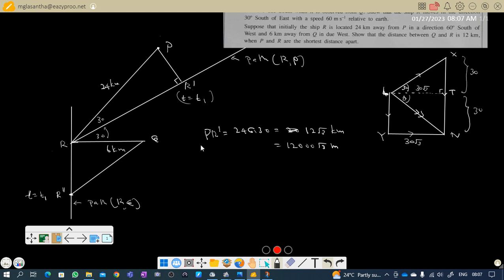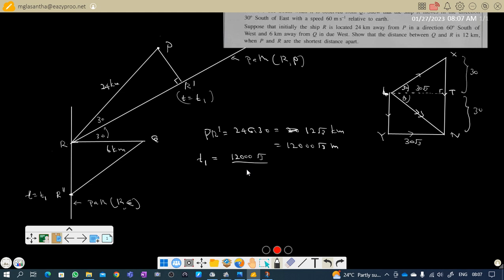This one is PR dash. Then T1 equals 12,000 root 3 divided by the relative velocity.